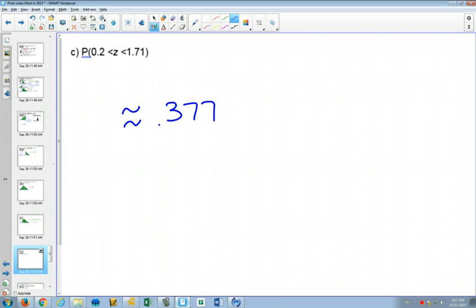So the first questions that we've been doing with normal CDF have all been ones where we're trying to find the probability of something. What are the chances that you get a baby between this weight and this weight? What are the chances that you get a baby that weighs less than this? What are your chances that you get a baby that weighs more than this?